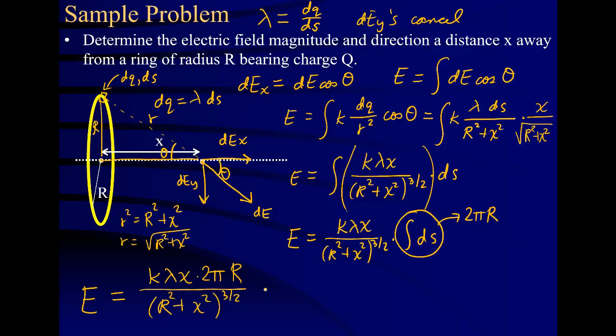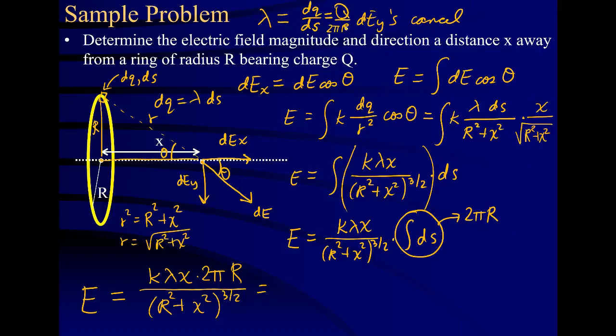to the 3/2. Now there's one more thing that we can do. Remember that sometimes we can write the density not in terms of just dq or ds, but we can write it in terms of the total charge over the total length.